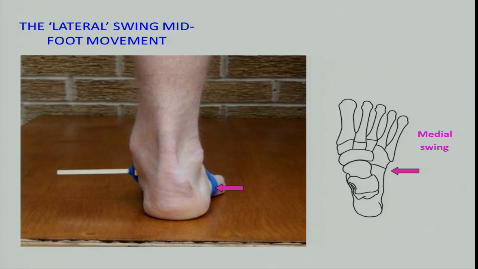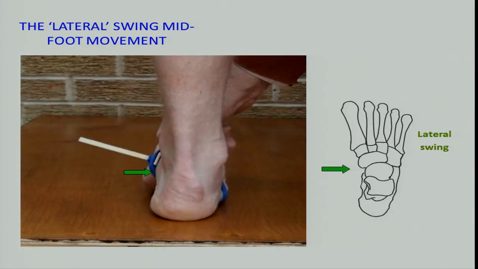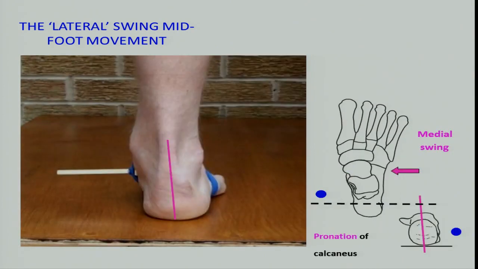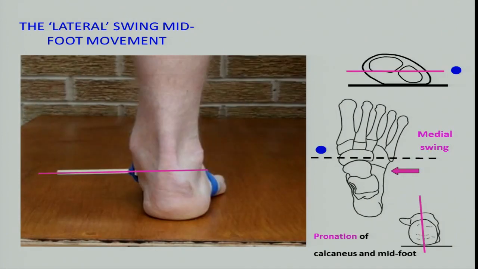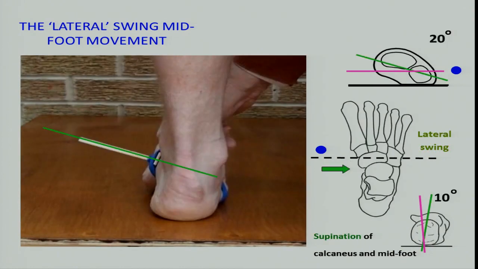We know from various radiological studies, and actually doing the movements with the skeleton, that there is medial and lateral swing at the midfoot. And the talus internally and externally rotates with these movements. So this all fits with the 20 degrees of supination of the navicular and the cuboid and 10 degrees of the calcaneus.